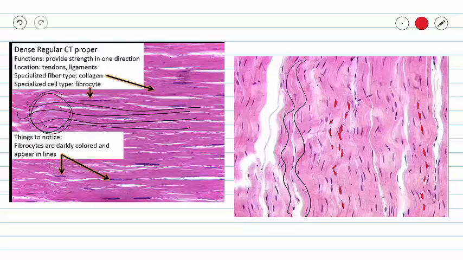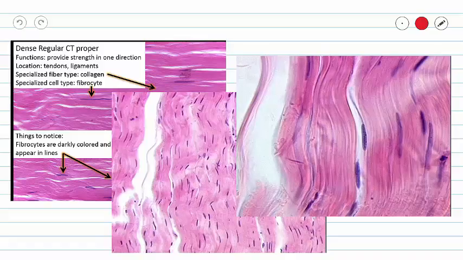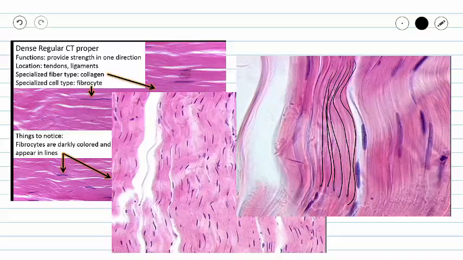So we can see not a lot of white space, a little bit of white space, but we've got densely packed collagen fibers all nestled in next to each other. And we have our fibroblasts and fibrocytes creating lines in between our collagen fibers. Here's a close-up view of that same tissue. So we can very clearly see our collagen fibers almost individually here, running parallel to each other, being a little bit wavy, but all running in one direction.